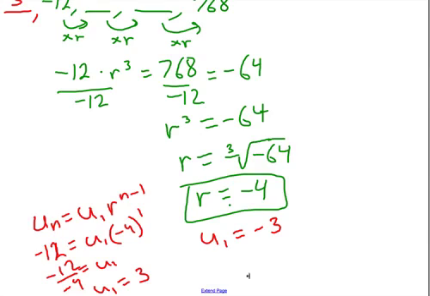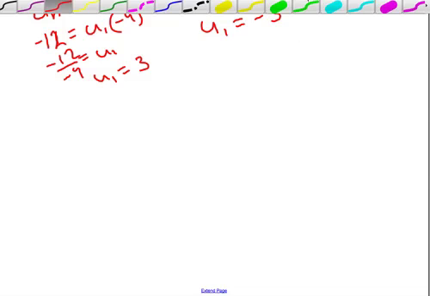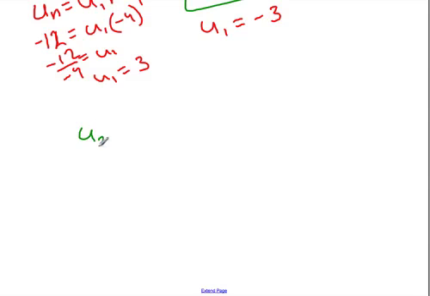Okay, now your other method of solving this problem is, well, we know U sub 2 is -12, and U sub 5 is 768. So we can use the formula for both of these.